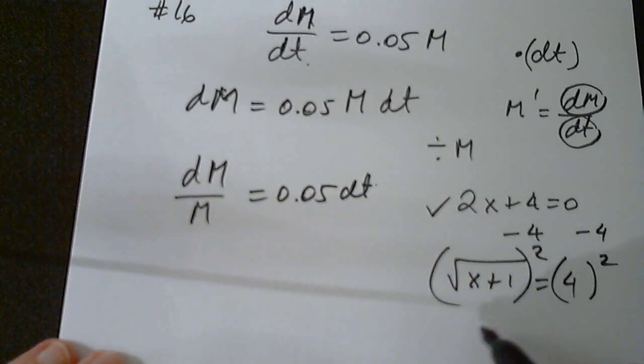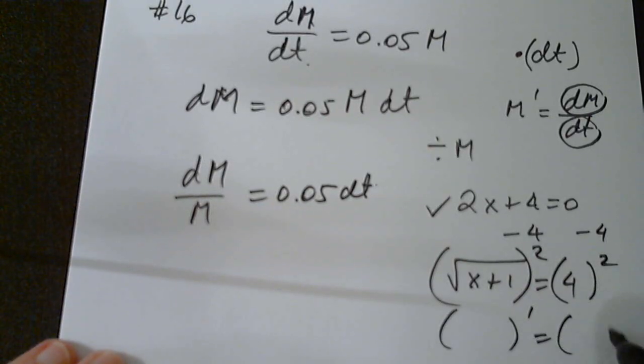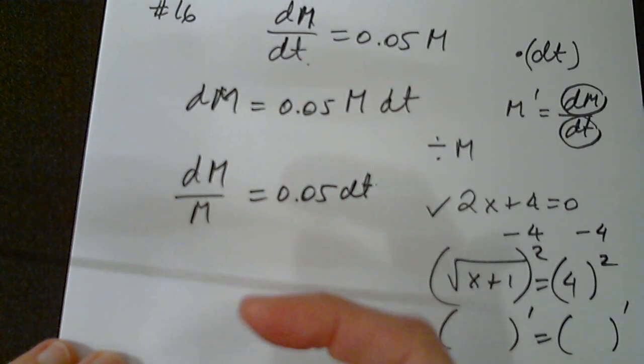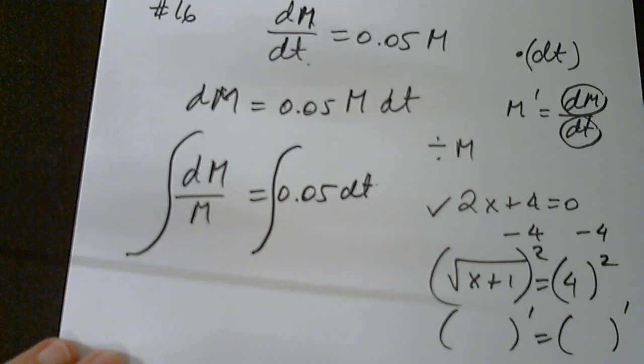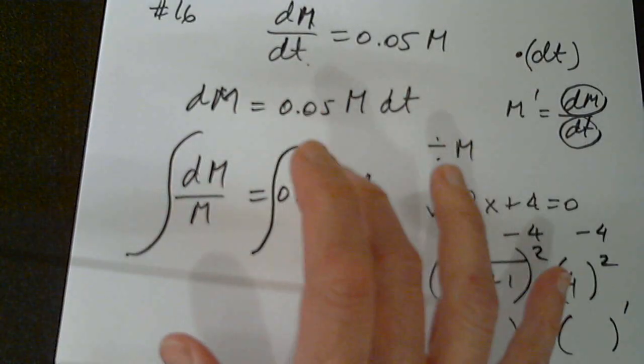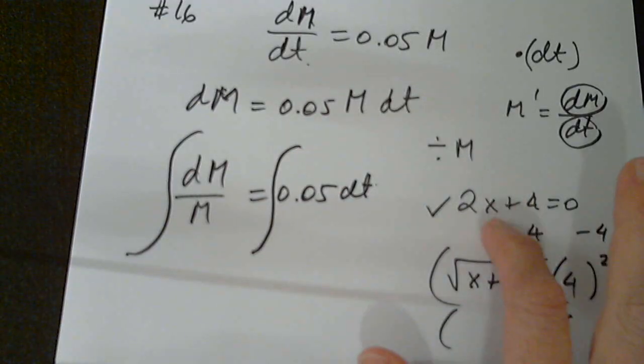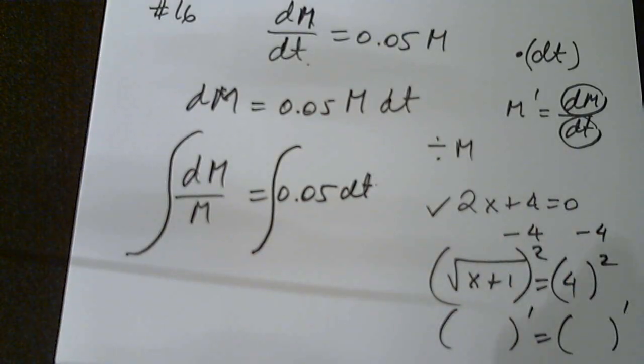In the past, we had to differentiate both sides of an equation. Well, in this case, I'm going to integrate both sides. The same idea. I do to the left exactly what I do to the right. I subtracted 4 from both sides. I squared both sides. I differentiated both sides. I'm integrating both sides.